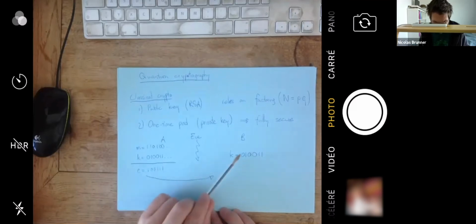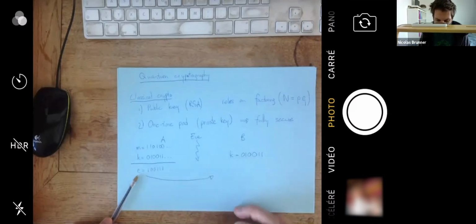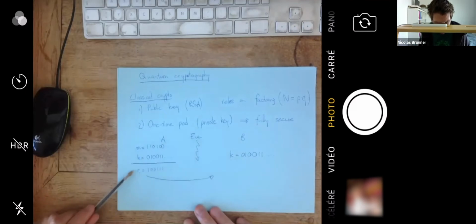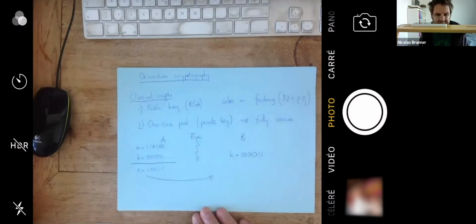That means that when B is listening to what A is saying, so when A reveals the encrypted message, Bob can trust that this message really comes from Alice, right? As an image, you could think that Alice writes this encrypted message on a web page, okay? And Bob can check that because he knows the address of Alice's web page. So Bob can check that the message does indeed come from Alice, okay?